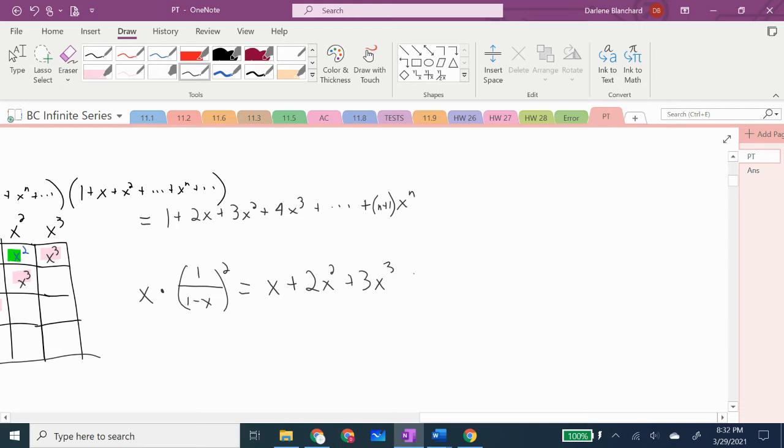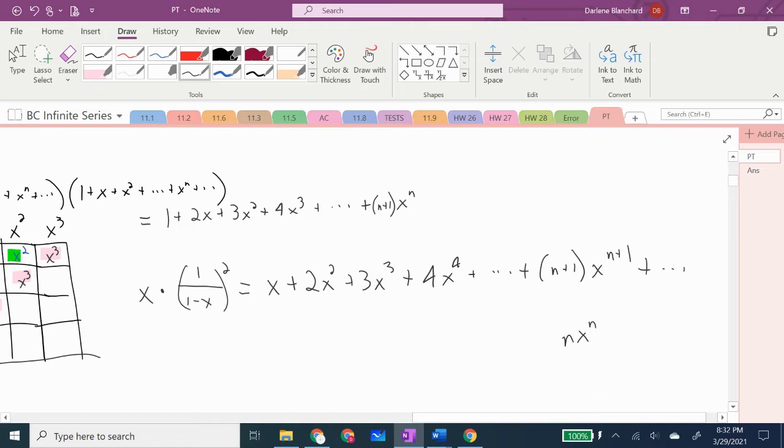And I end up with the same thing. And this formula can be written as n plus 1, x to the n plus 1, or n times x to the n.